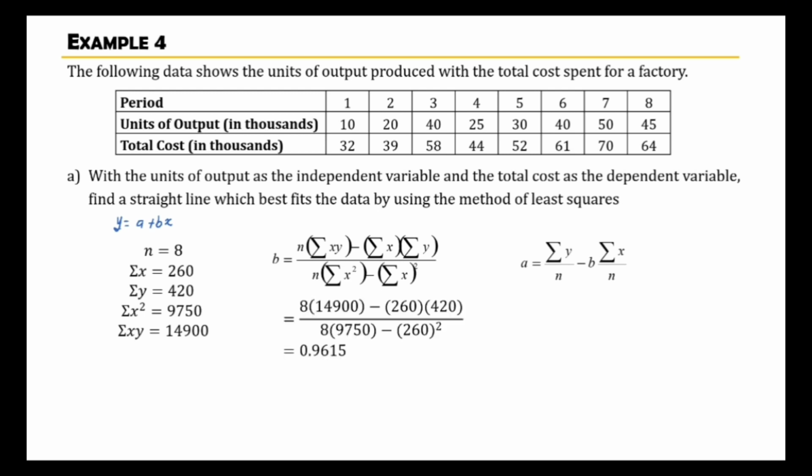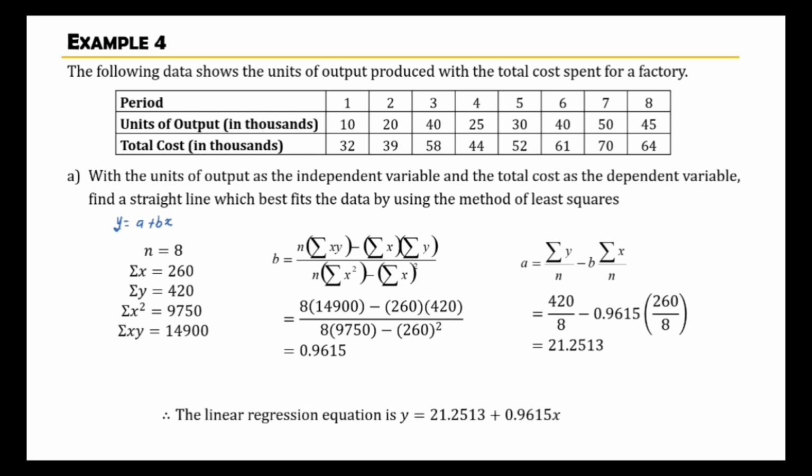Substitute, we get b equal to 0.9615, and substitute a equal to 21.2513, and this gives us the linear regression equation is y equal to 21.2513 plus 0.9615x. So this is the straight line that best fit the data.